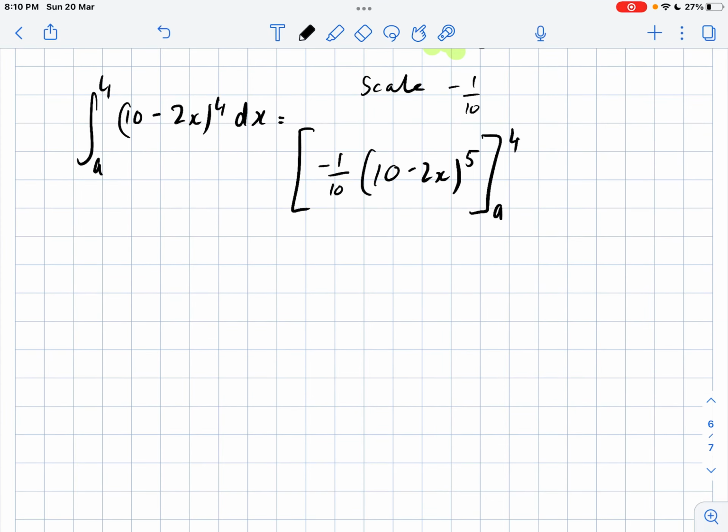So I'm going to substitute 4 into this, being really careful using brackets because there's lots of negatives and things being raised by odd powers. So I'm going to put this in really carefully.